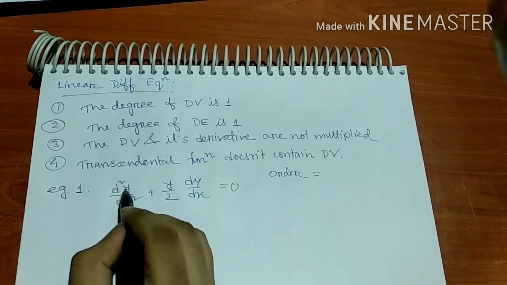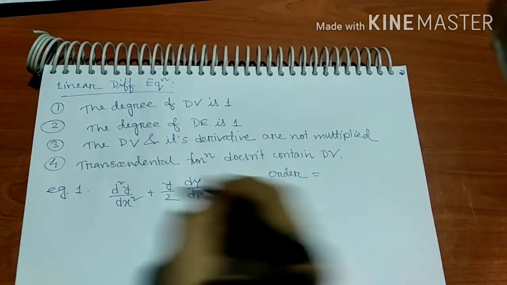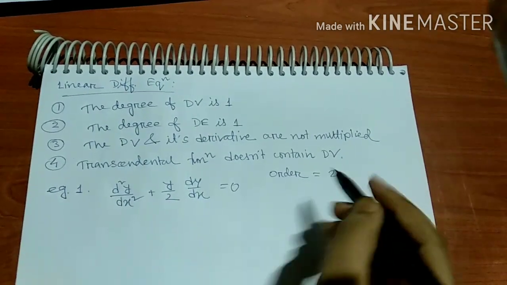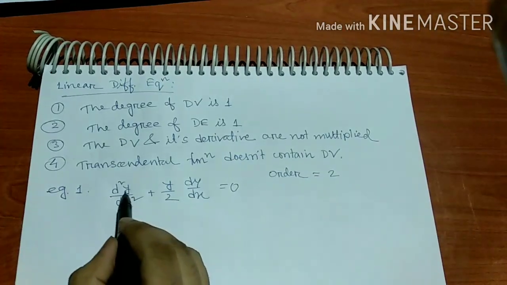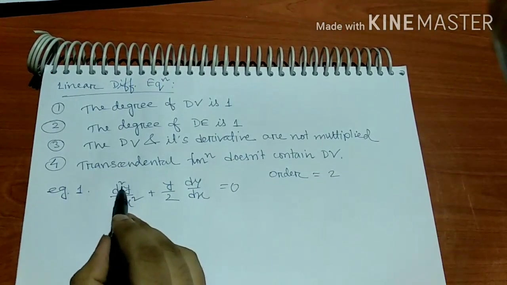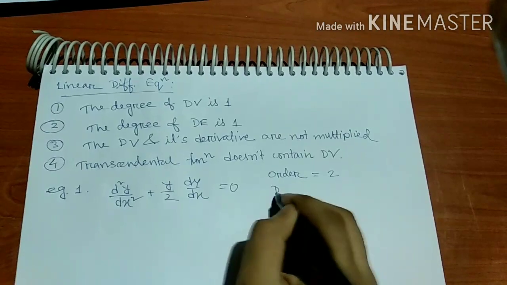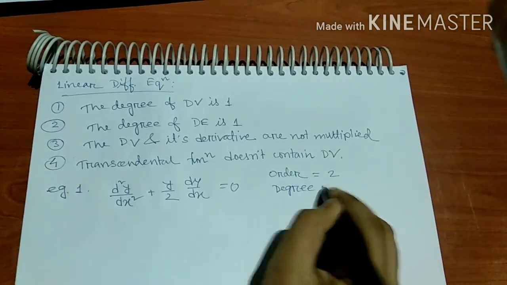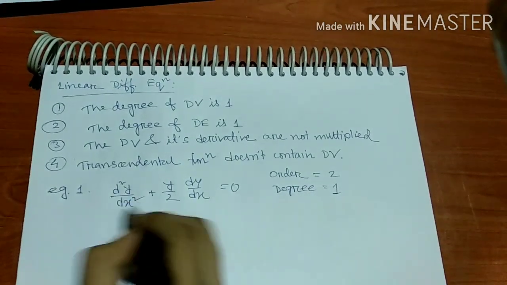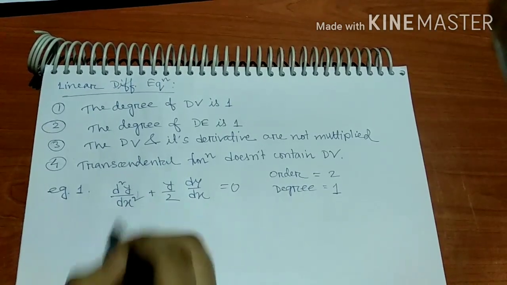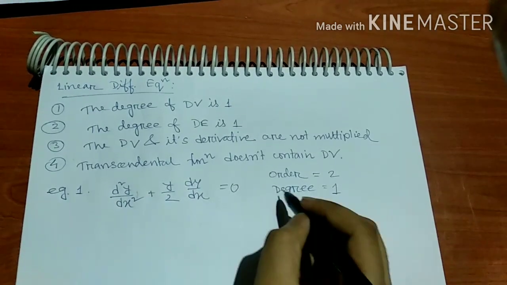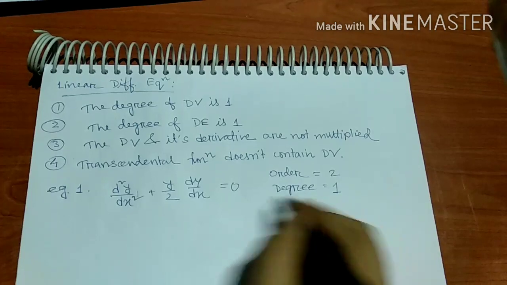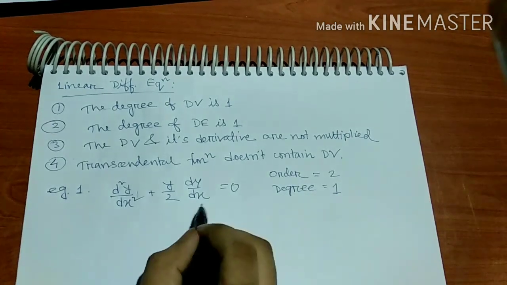If you watched my previous lecture, then you can tell me that the order of the differential equation is 2, because the highest order derivative is 2. Degree will be 1, because the power of this highest order derivative is 1. So degree is 1.